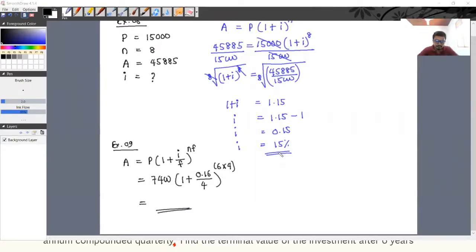Right? 7,400 into (1 plus 0.16 divided by 4) to the power 24. Yes, 18,968.45.